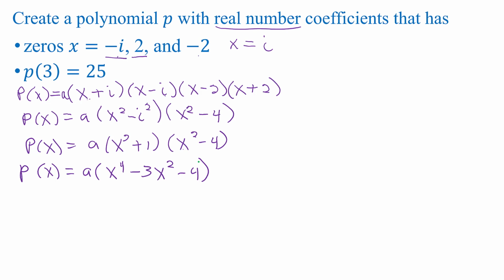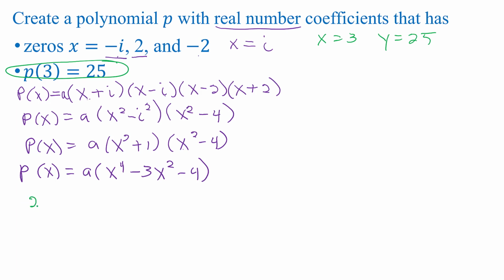Okay, so I'm almost there, but I do have another requirement on this polynomial, and that is that p of 3 equals 25. So let's make sure that p of 3 equals 25 here. What I can do is plug in x equals 3 and y, or p of x, equals 25. And that should give us a solution for a that would meet these requirements.